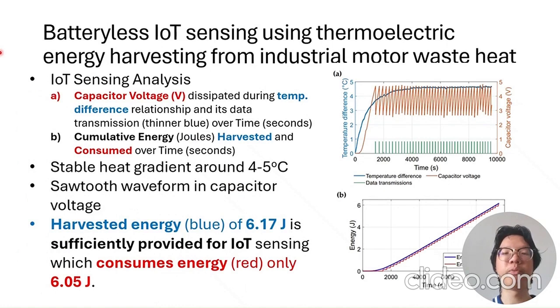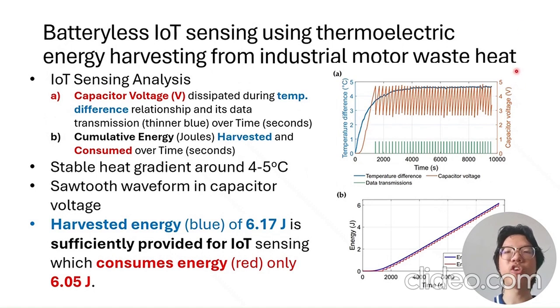From the previous slide, the temperature difference with only the load connected is around 5 degrees Celsius when the IoT node is connected to the generator instead, so the heat gradient should not exceed 5.